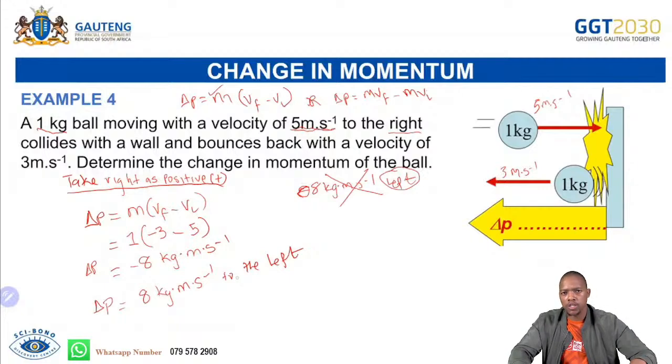So we looked at change in momentum and we said change in momentum is based on how the velocity of an object changes. The object maybe was moving at 5 meters per second, now it's moving at 3 meters per second, as the example is showing here. It tells you that the momentum of that object has changed. It can be calculated using a formula. Delta p is equal to pf, which is final momentum, minus pi, which is initial momentum. Right.